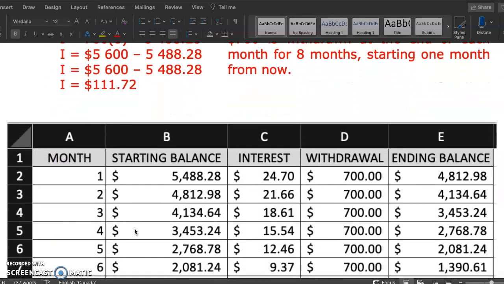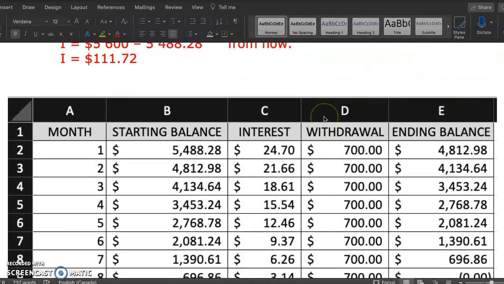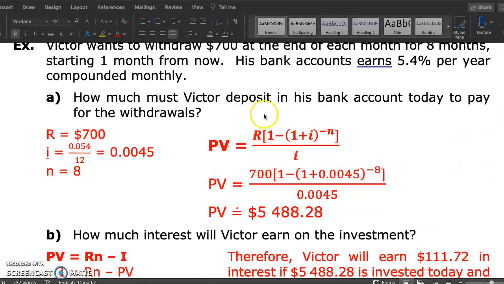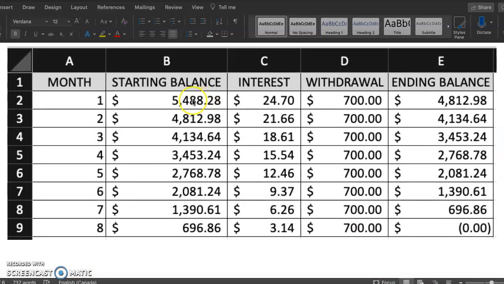A way of understanding this right here, we take the present value, this is what it is worth today. By having that amount invested at the beginning of month 1, we will earn interest, and I've used the interest value of 0.0045 multiplied by the starting balance to get the interest that is earned.